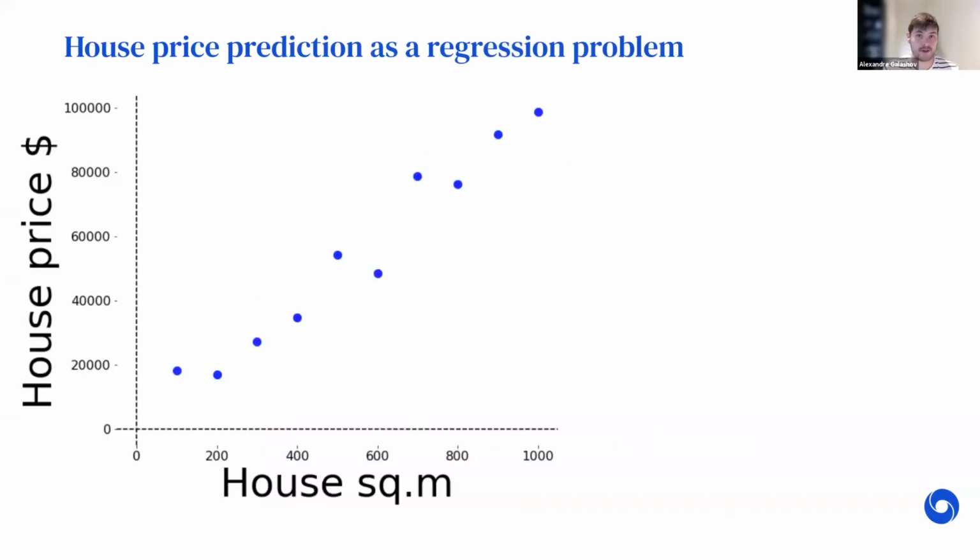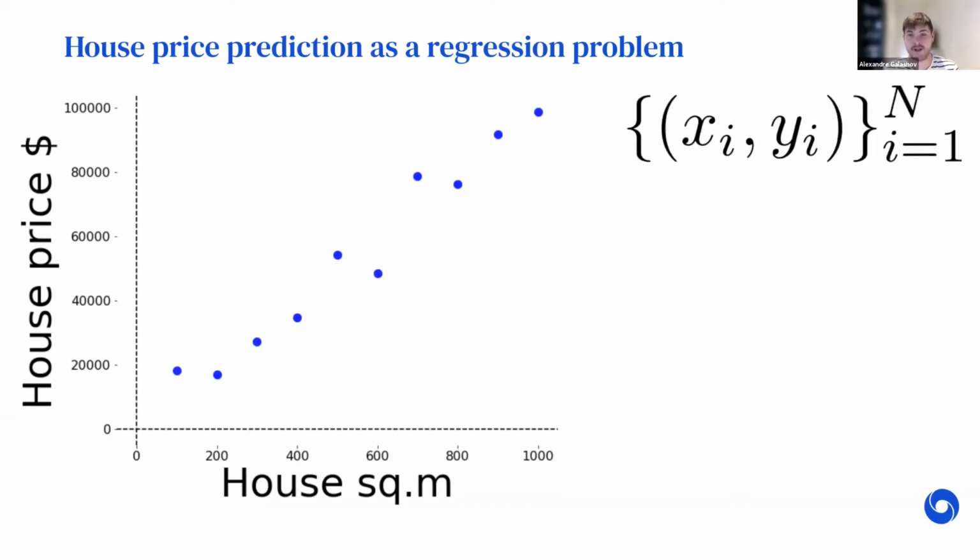You can also look at this as a regression problem. Here I have a data set containing X and Y's, where the X axis corresponds to the house size, so how many square meters in the house, and Y corresponds to the price of this house. We can pull this data set from some public database and have these pairs, and we can draw them as points on this graph.